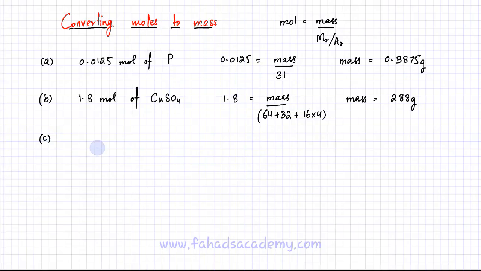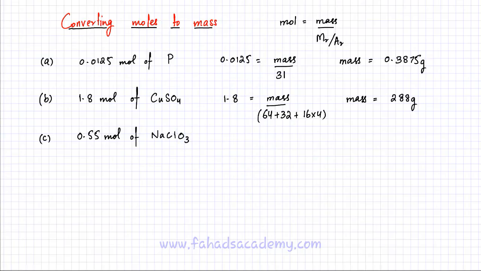Let's do question C, which is, let's say you have 0.55 moles of sodium chlorate 5, which is NaClO3.